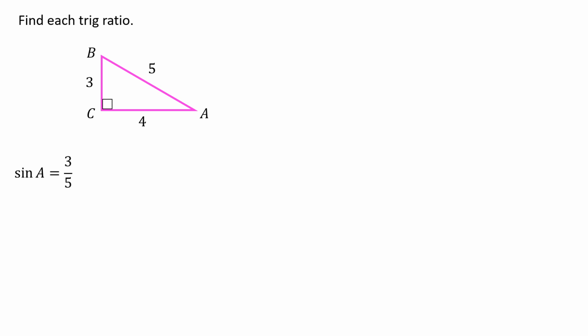There's my answer. Cosine of angle A. Well, adjacent to A is 4. The hypotenuse is 5. There's the answer. Tangent of angle A. Opposite over adjacent, 3 over 4. There's the answer.